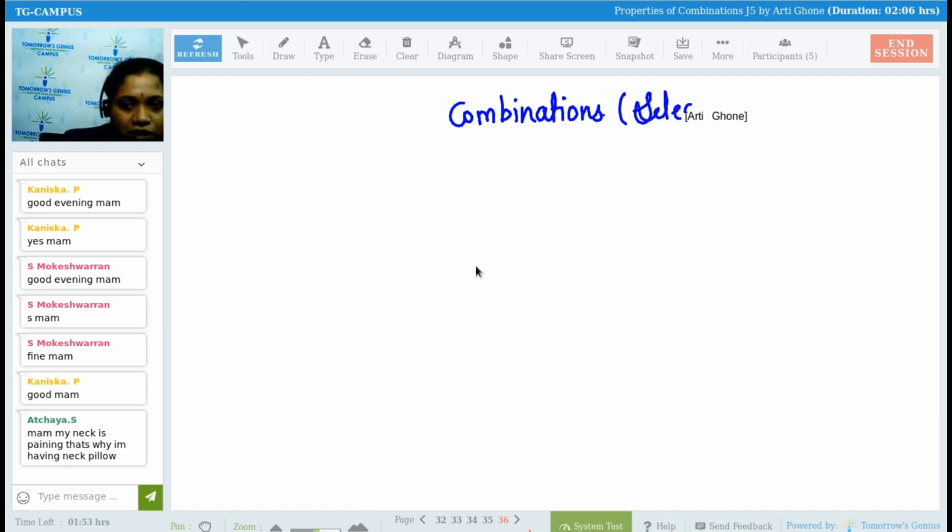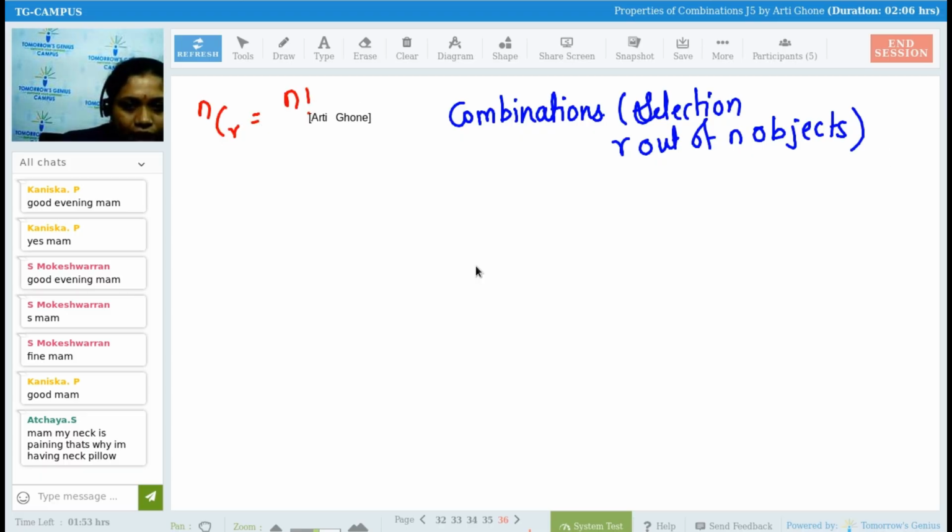Combinations means the process is selection. So what is selection? R out of n objects. What is the formula? nCr is equal to n factorial upon r factorial into n minus r factorial.